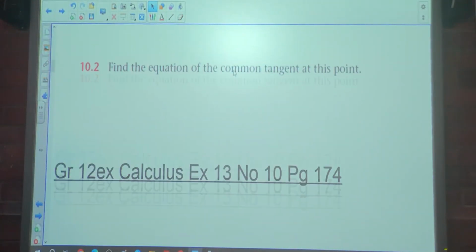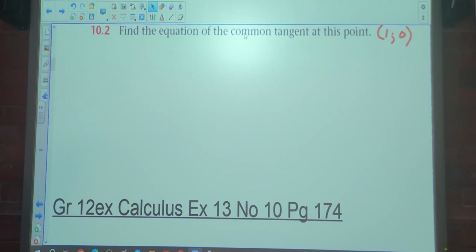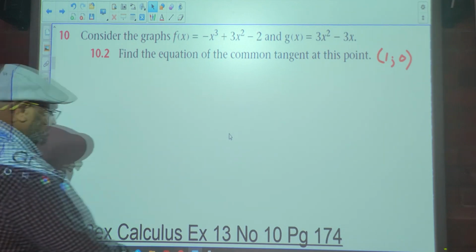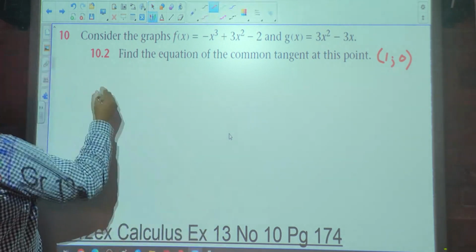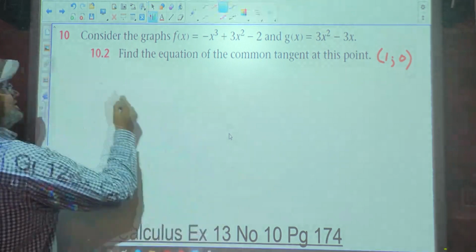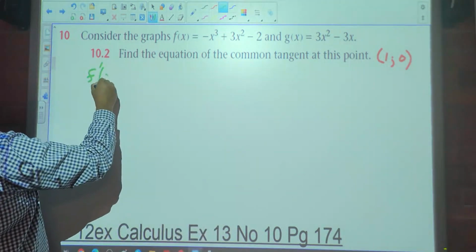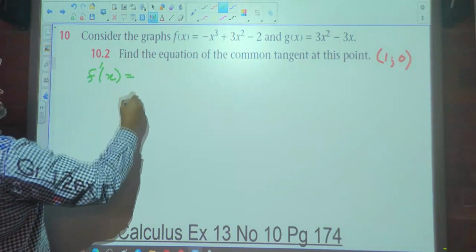Let's look at number 10.2. Again, we are told to find the equation of the common tangent at this point. So the equation of the tangent will be in the form of y is equal to mx plus c. So we go with the gradient, your general gradient anywhere along the curve.